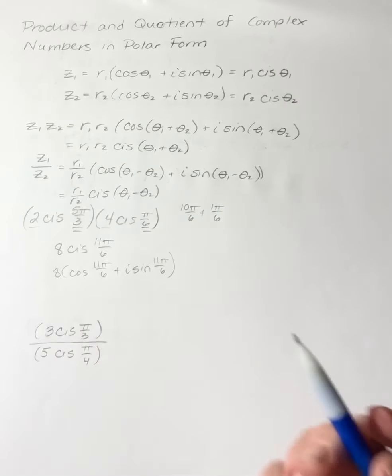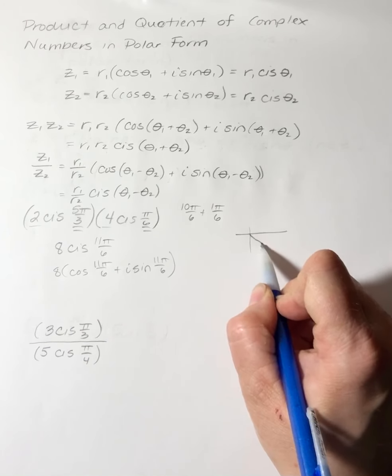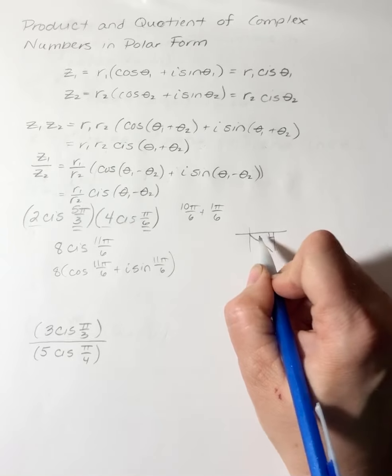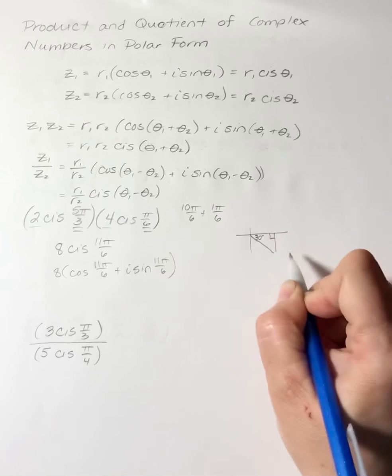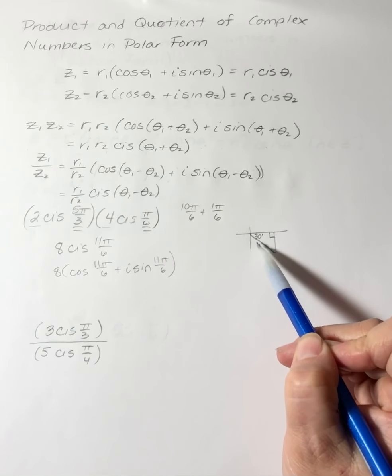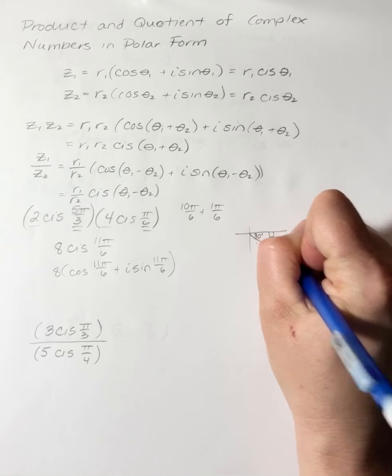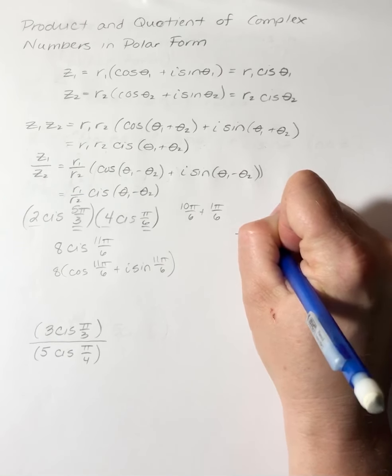So the cosine, and again, let me draw a picture. 11 pi over 6 would put you in quadrant 4. 11 pi sixths is 330 degrees, so this is going to be pi sixth or 30 degrees. So I've got a negative 1, 2, and square root of 3.